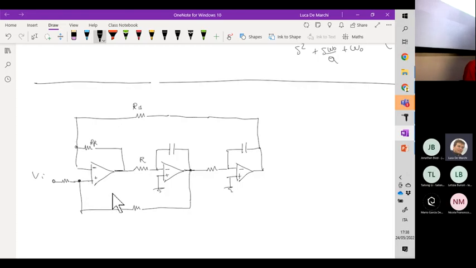Okay, this could be a problem, but the integrator here is inverting, so this problem is somehow mitigated.